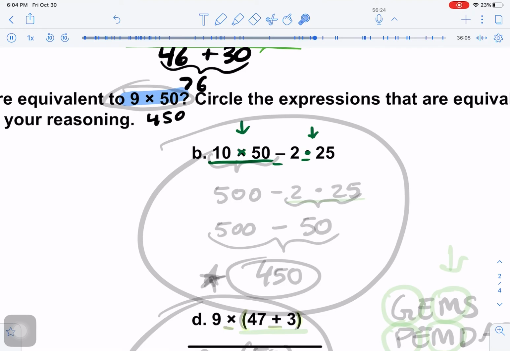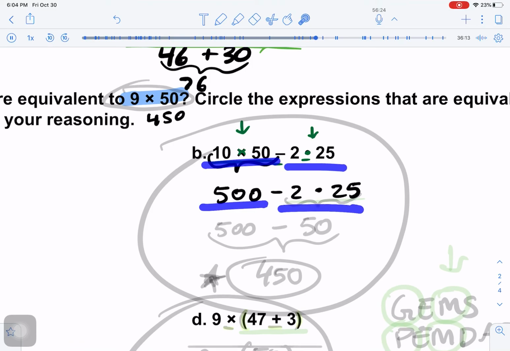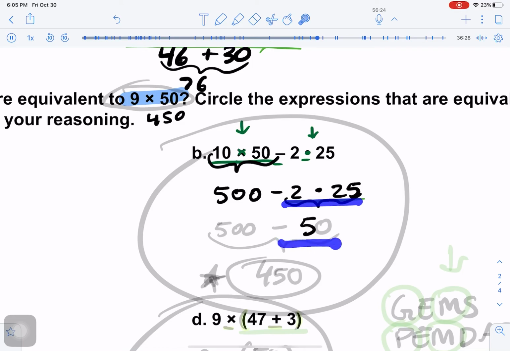When I do 10 times 50, I get an answer of 500, and I carry down the rest of this. I see that I still have multiplication, so before I can move on to the subtraction, I'm going to multiply 2 times 25. When I multiply 2 times 25, I get a product of 50, and I rewrite the rest of this.